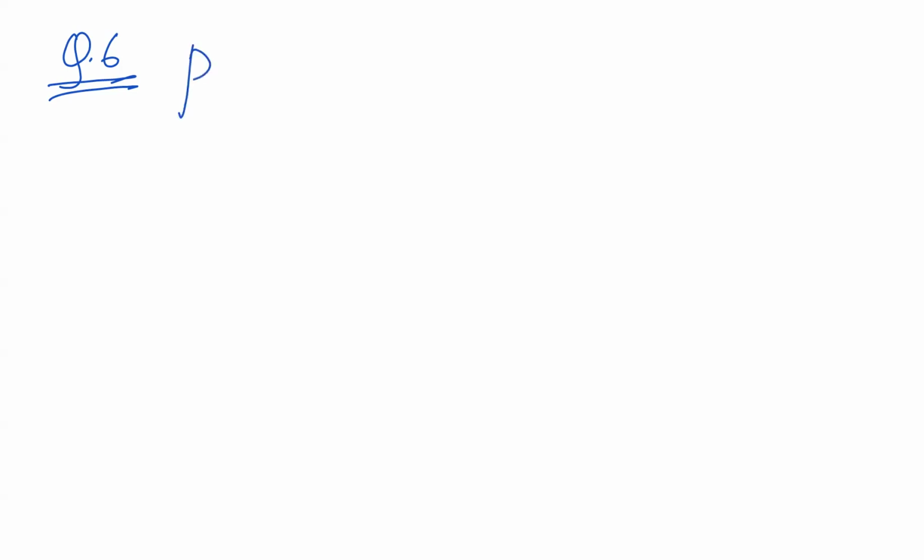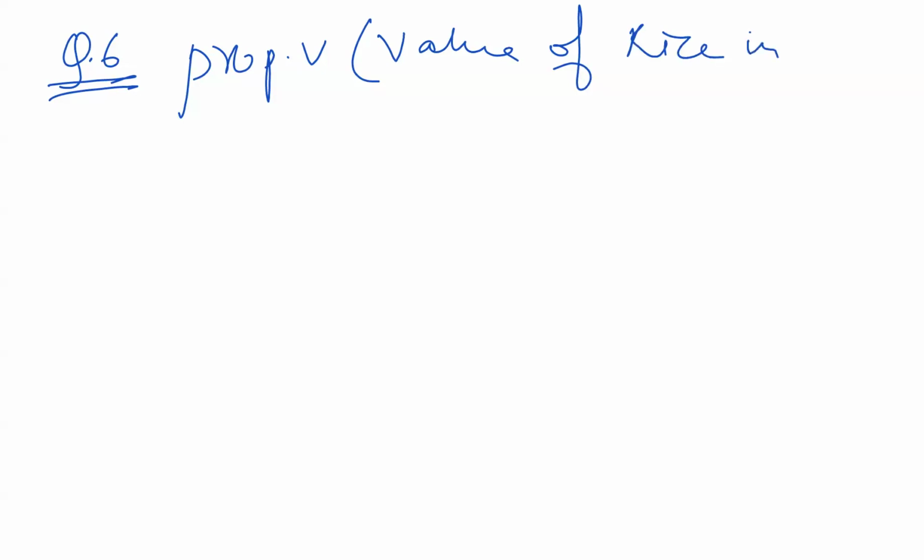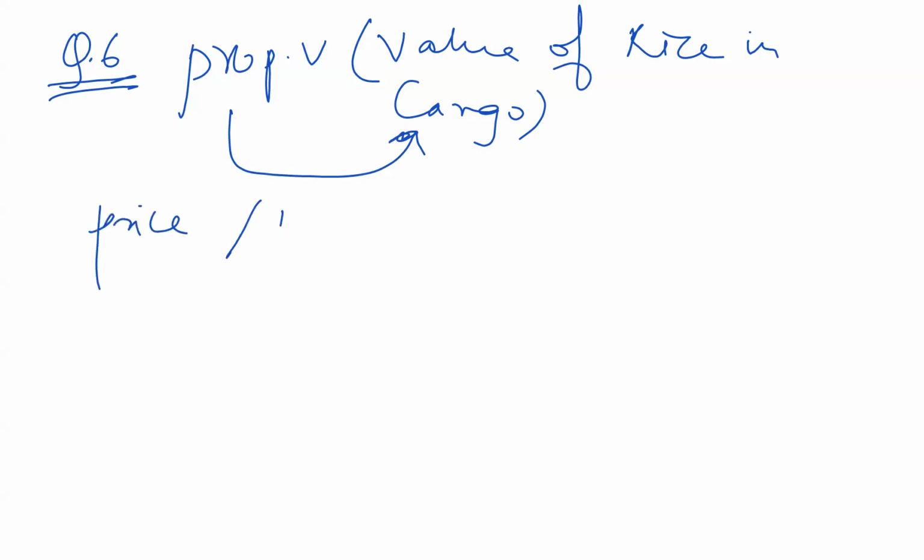So property value is nothing but the value of rice in cargo. This is a very important statement. The property is the entire rice which is present in the cargo. Price per kg is equal to rupees 21.